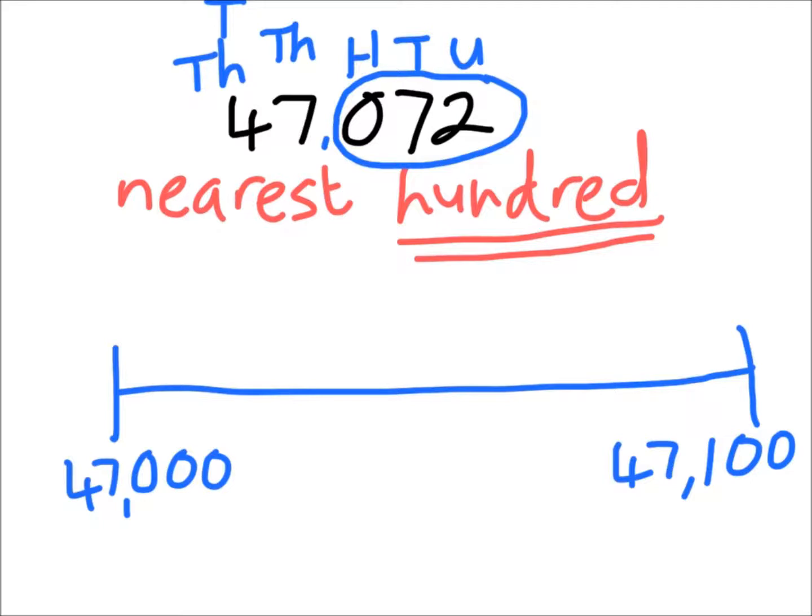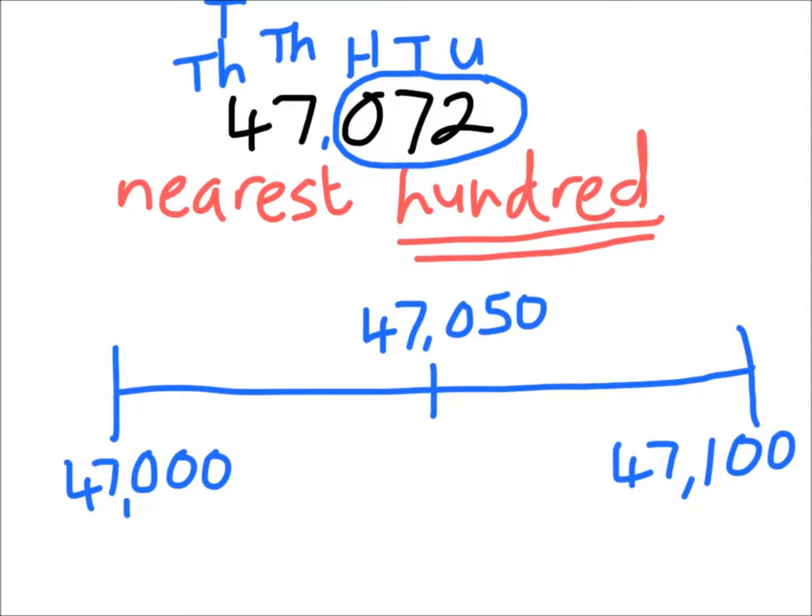Okay, there we go. We now need to add our middle value. What's exactly halfway between 47,000 and 47,100? Well, what's halfway between 0 and 100? It is 50, isn't it? Halfway between 0 and 100 is 50. So it's 47,050.